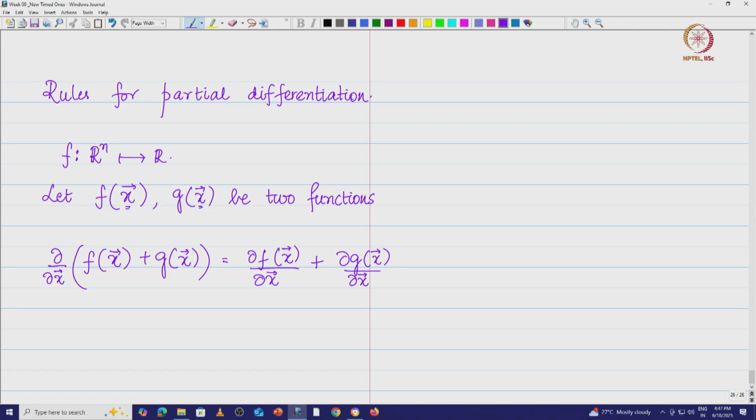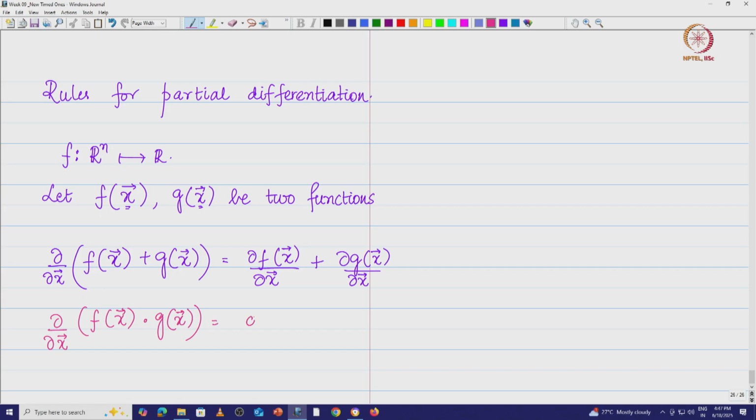This obeys exactly the differentiation rule for addition of functions. The derivative of a sum of functions is nothing but the sum of derivatives, that is exactly what we see here even with partial derivatives. Then I want to look at the second property, which is basically the multiplicative property. I want to look at dou by dou x of the product of two functions of multiple variables, f into g, which is nothing but exactly like what we had there.